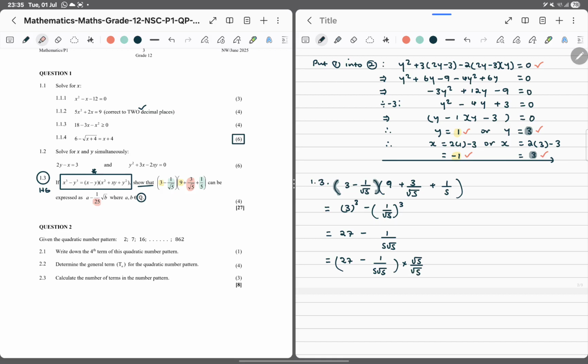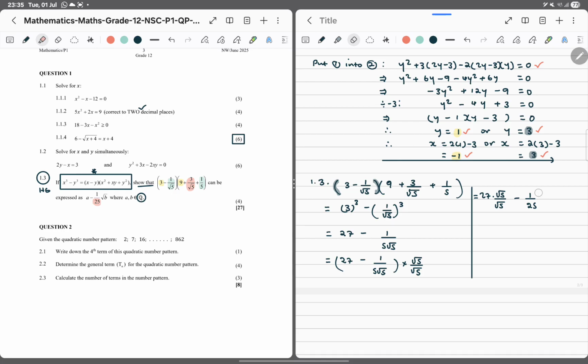Okay, so I'm just going to continue this side to keep some space nicely used up. So what we get here is 27 times root 5 over root 5, FOIL method, minus 1 over, now this time, root 5 times 5 is 5 times 5, which is 25 times the square root of 5 at the top.